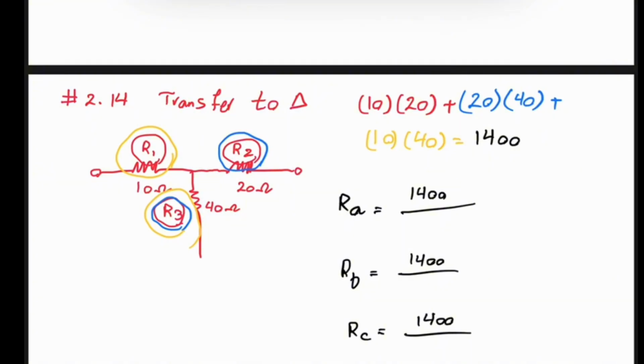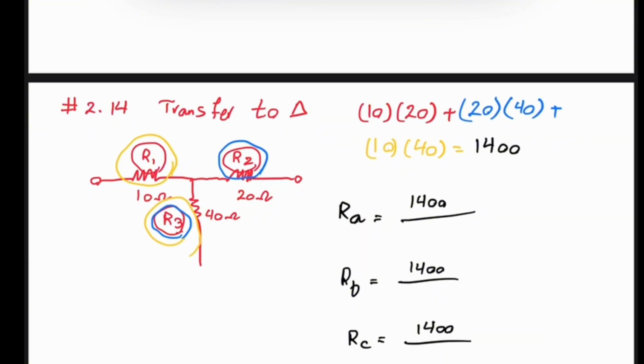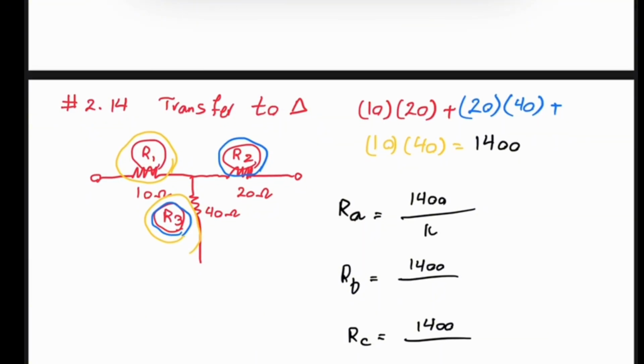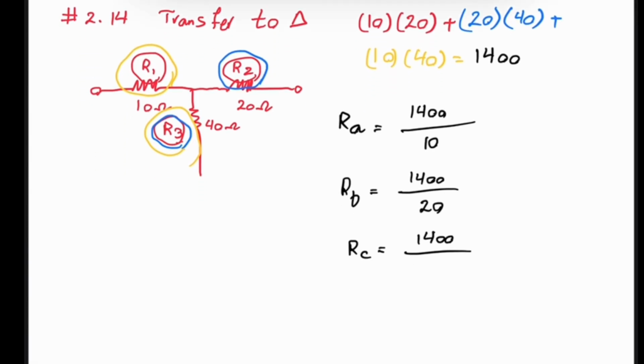The denominator for RA is the opposite one, which is R1, equal to 10, for RB it is R2, which is 20, and for RC it is 40. If you divide, you get 140 ohm for the first, 70 ohm for the next, and 35 ohm for the last one.